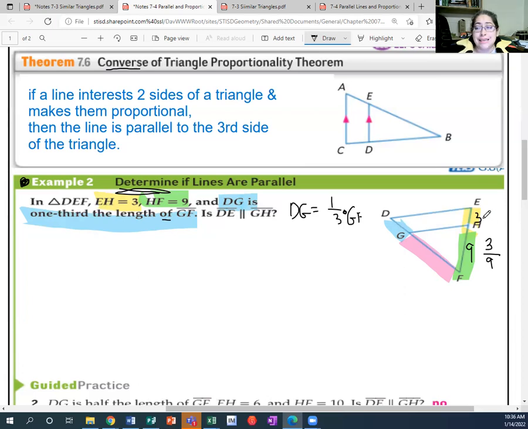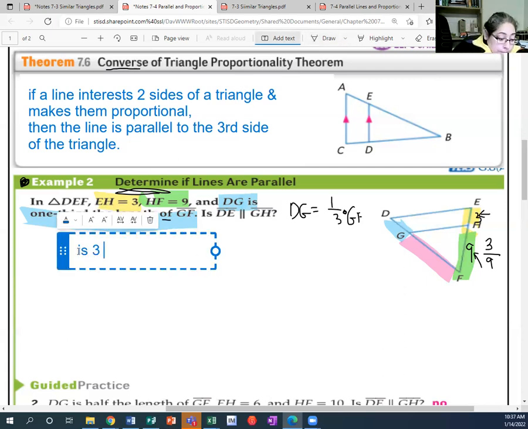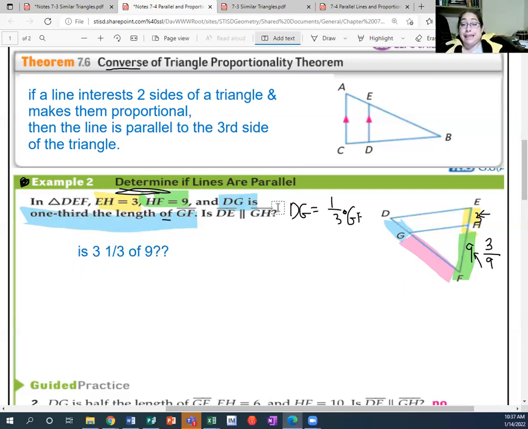So the question is, is 3 1/3 of 9? Can I take 1/3 and multiply it to 9 and get 3?